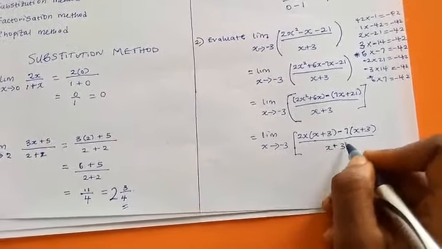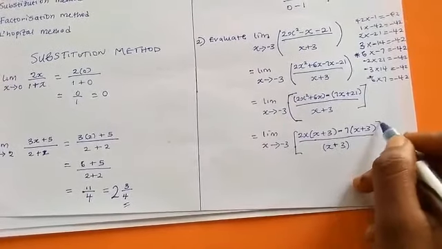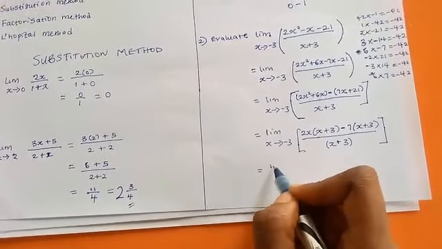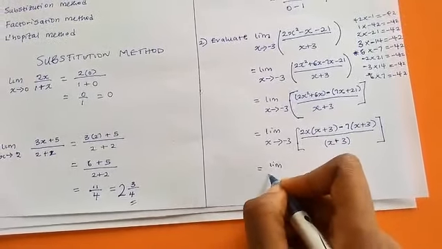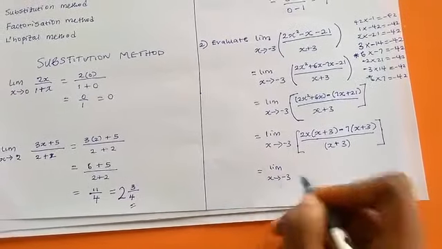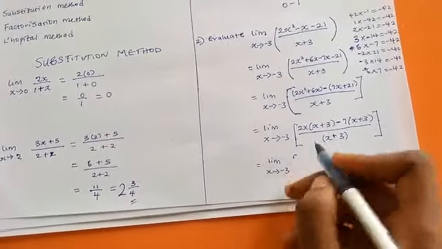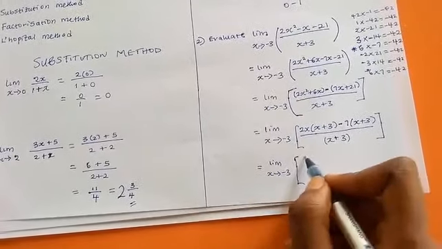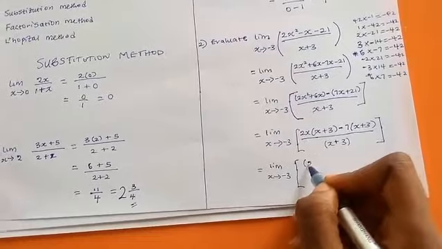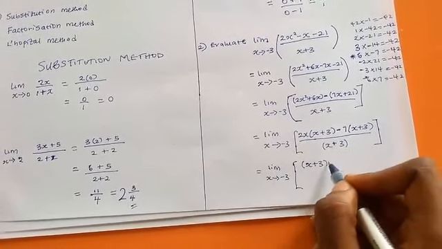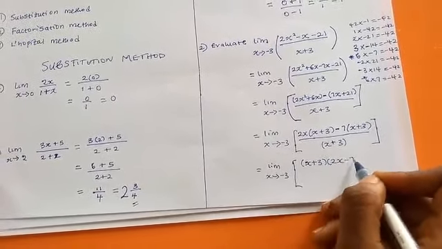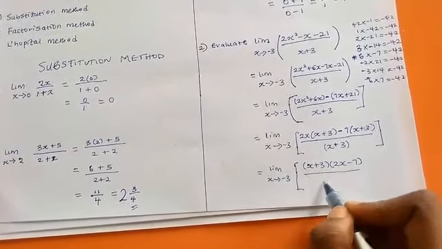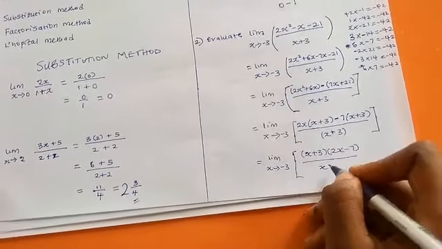So let's enclose this in a bracket just to make it neater. When we simplify this further, these two are common. We have it to be x plus 3 into 2x minus 7, all over x plus 3.